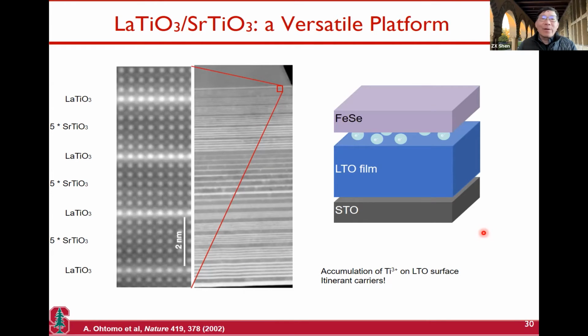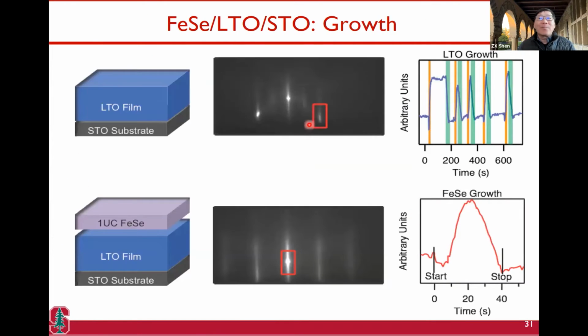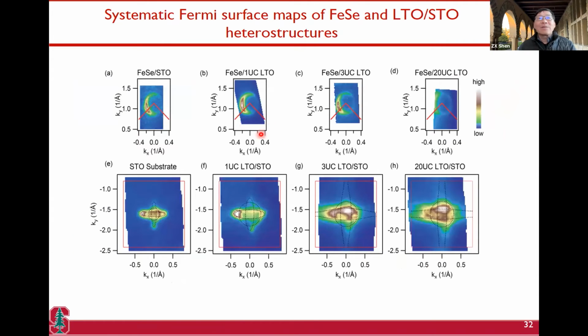So that's what we did, and we can grow LTO on STO in an epitaxial way, and we can also grow iron selenide on top of that, with the thickness of LTO being adjustable. Okay. So here are some of the data. Look at the Fermi surface of those films.